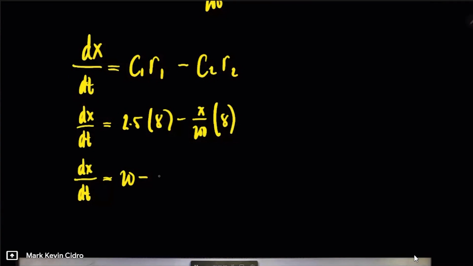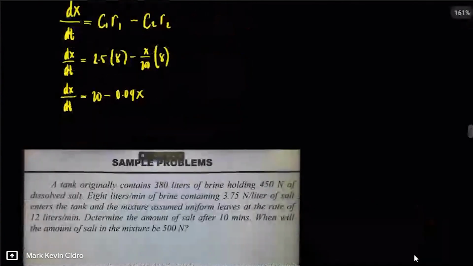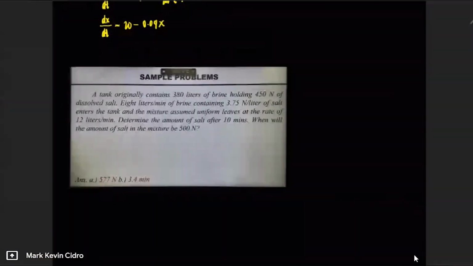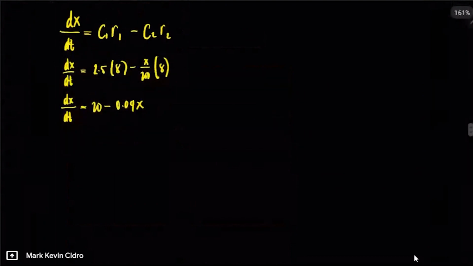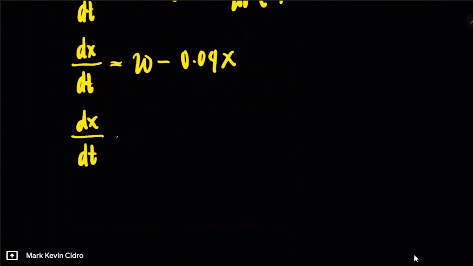This is 0.04x. Okay? You can rearrange this to make it look like a linear equation, a linear DE. We can rearrange this. This is now our working equation. So this will be dx over dt plus, I transpose, 0.04x is equal to 20.